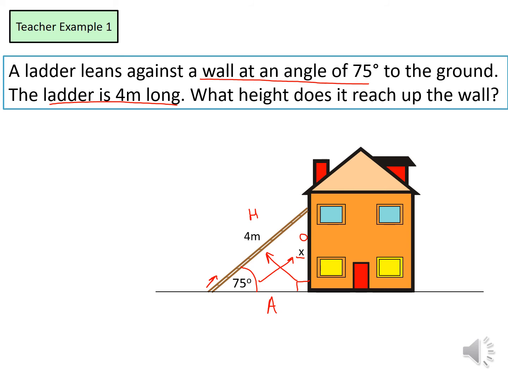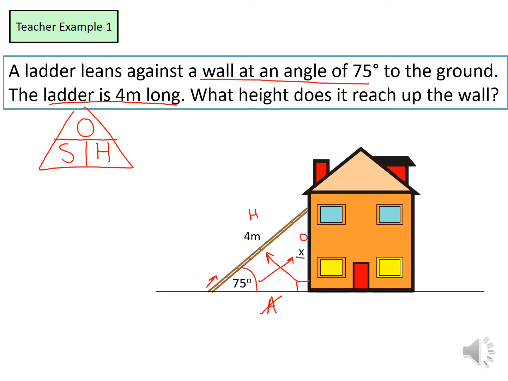For the opposite, we are trying to work out how long it is up the wall, so the adjacent is the one we cancel out. We need to know from the trig formulas which one has opposite and hypotenuse, therefore that one is sine. So you make your triangle.